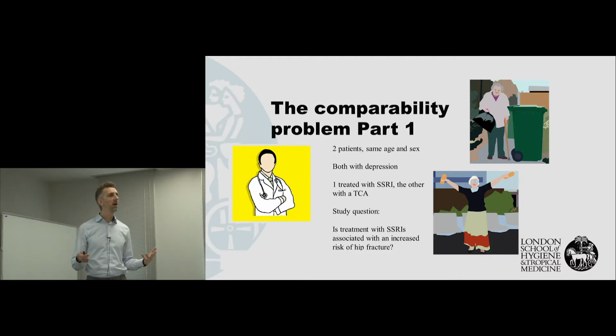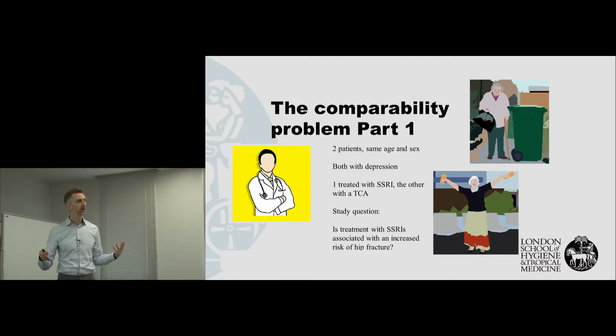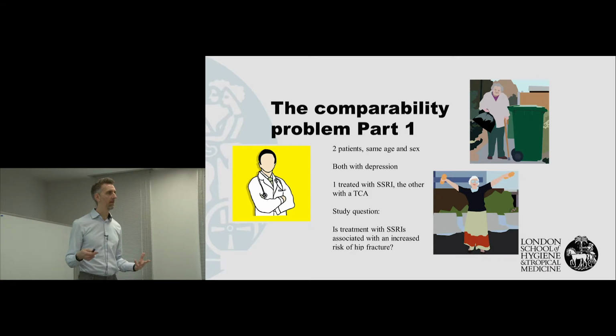We know that people who take antidepressants can fall more often. Maybe they get confused or they have low blood pressure because of the antidepressant. So they're more likely to fall, and therefore they may be more likely to have a hip fracture. So that's a question for you to keep in mind.